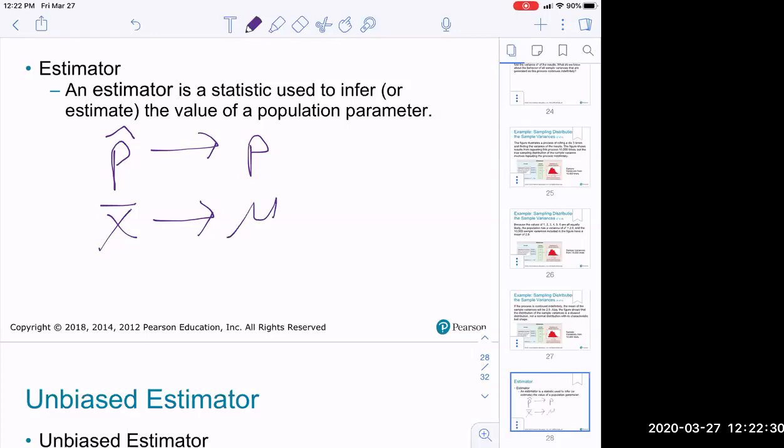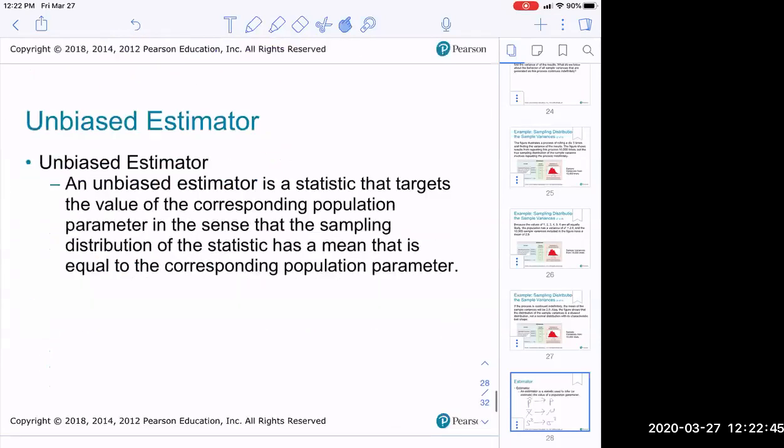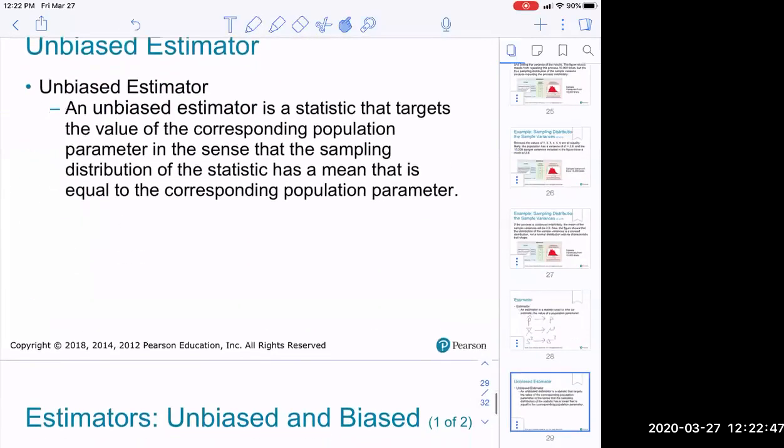And we will use S squared, the sample variance, to estimate the population variance. Some estimators are better than others. We like them to be unbiased, so they do target the population parameter.